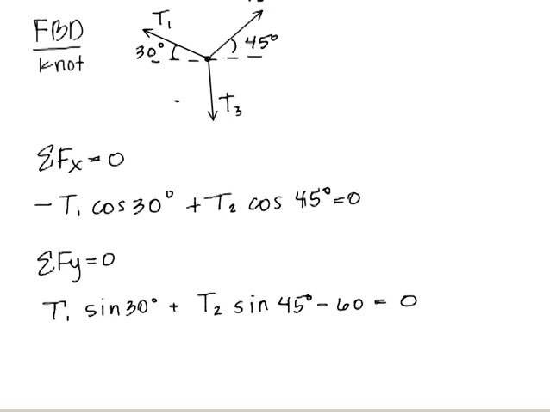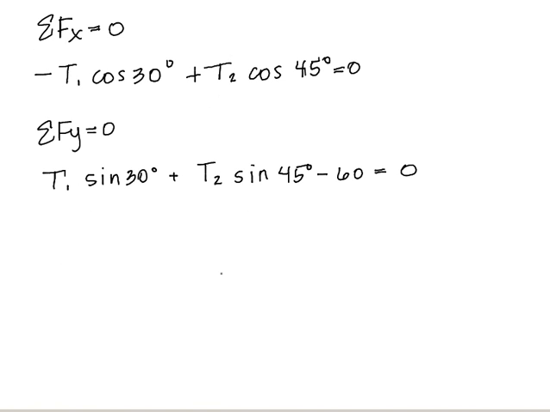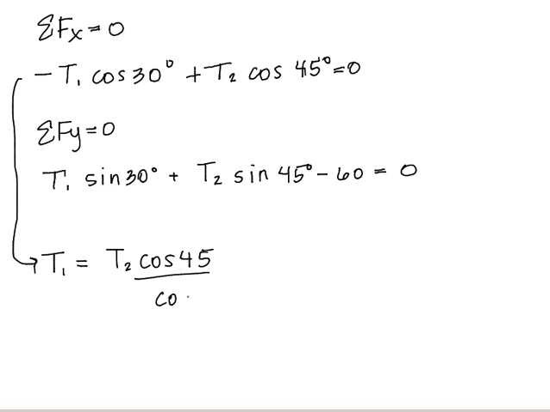So now the physics is over and the algebra begins. I have two equations and two unknowns. So I'm going to solve for T1 in the first equation. T1 will equal T2 cos 45 divided by cos 30. I'm going to take that and substitute it back in for T1 in the second equation.